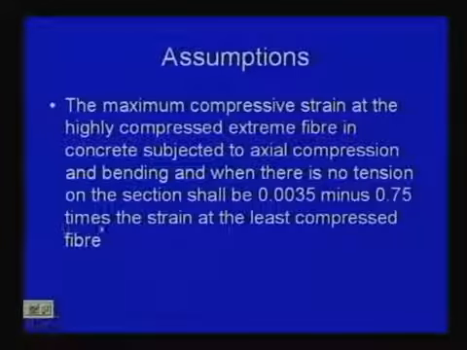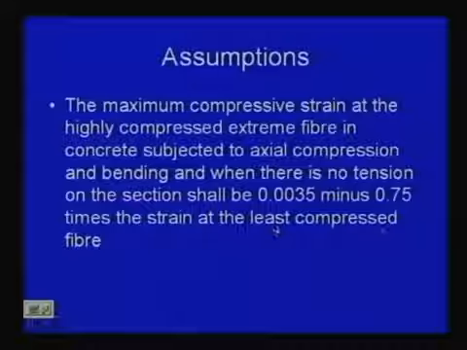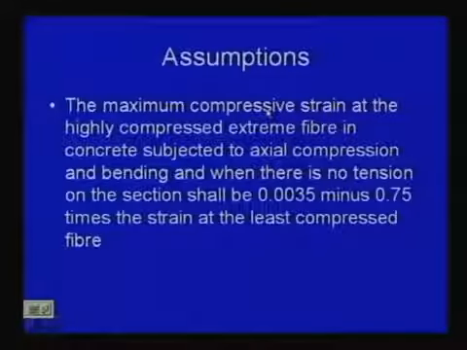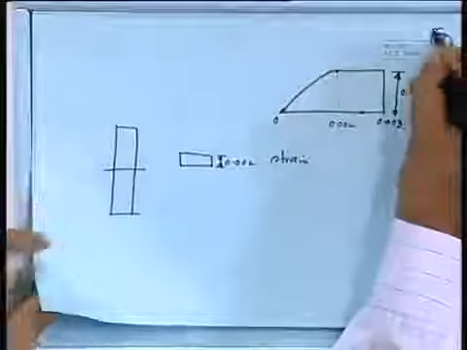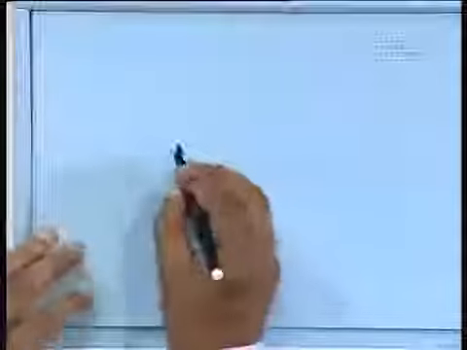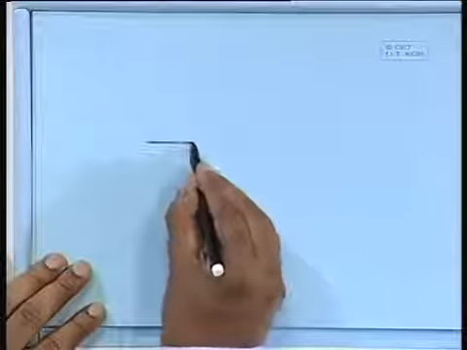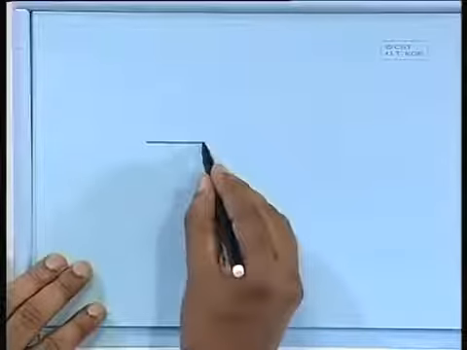minus 0.75 times the strain at the least compressed fiber. There is one maximum compressed fiber at one end, and at the other end, that is the least compressed fiber. So what does it mean? Let me explain.